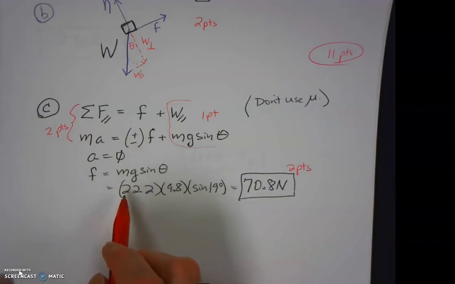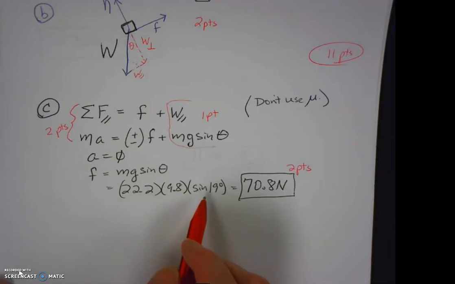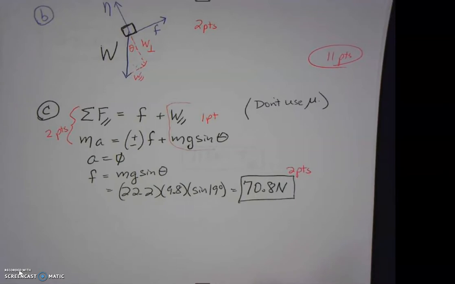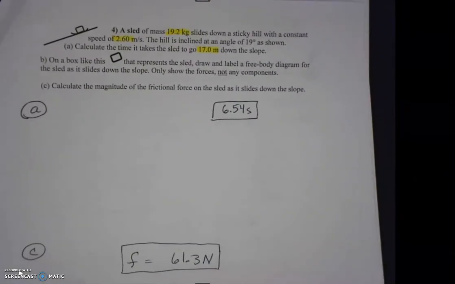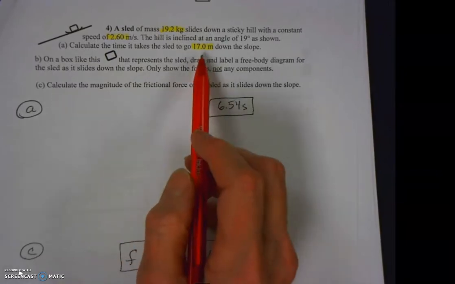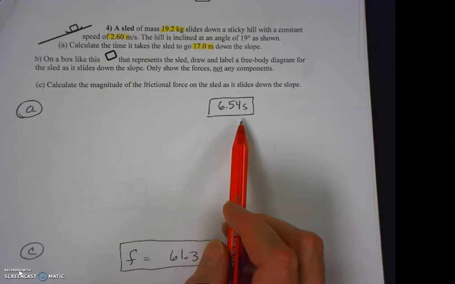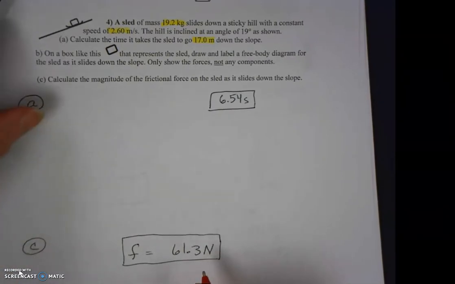And so we can just substitute in the mass given, 9.8, and the sine of the angle that was given to get that frictional force. If you had a different version, you saw 2.6 meters per second, a different speed, and a different distance down the slope. So the answer for time was 6.54. The free body diagram is exactly the same. The answer for friction is 61.3.